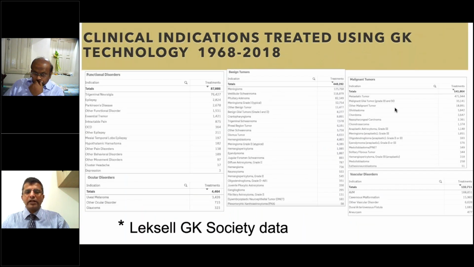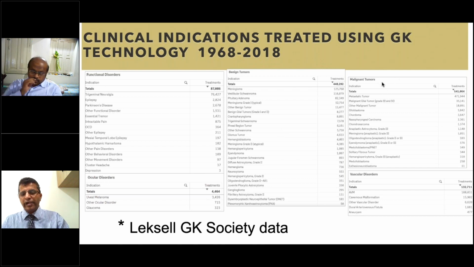So these are all the commonly treated clinical indications using gamma knife technology from 1968 to 2018. You could see that there are functional disorders from trigeminal neuralgia, epilepsy, Parkinson's disease, and many more. And there are ocular disorders. There are benign tumors, such as meningiomas, schwannomas, and many other indications.